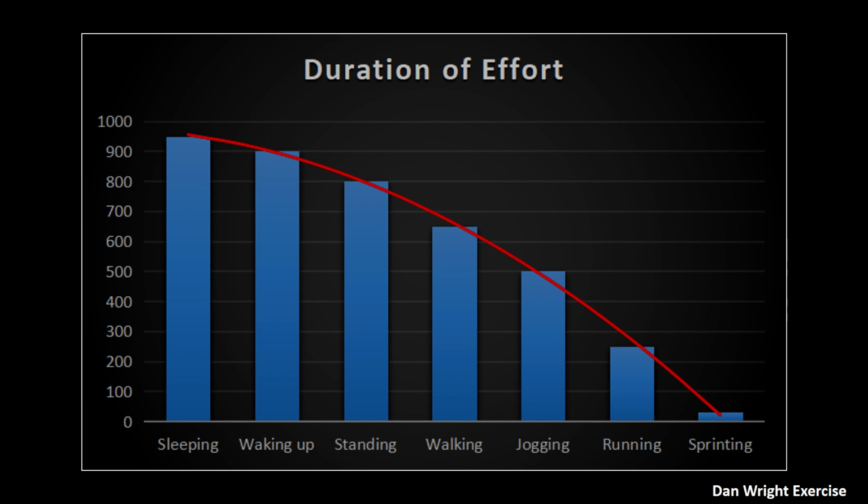And you can see that this time the red line is more of a logarithmic decay line. So the amount of time that you can do these activities falls each step. So just a contrast there, which really is to belabor a particular point, which we'll come to in the next slides.